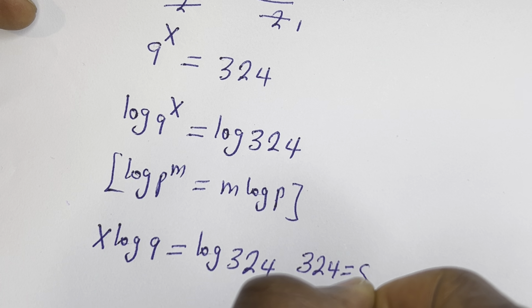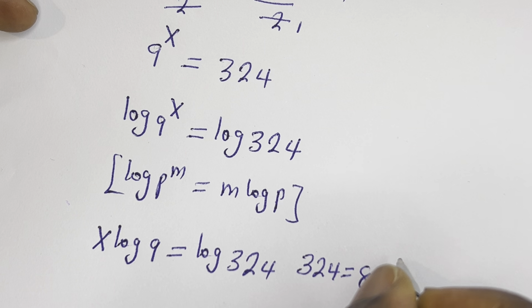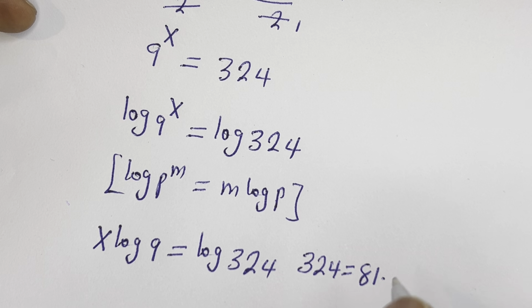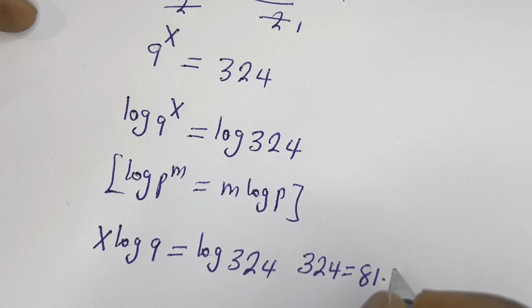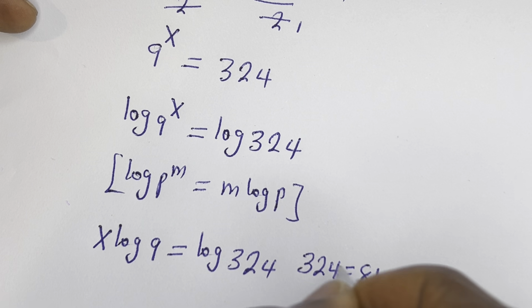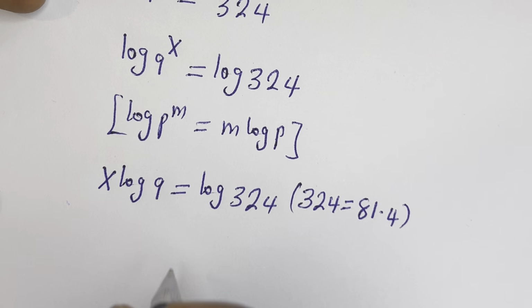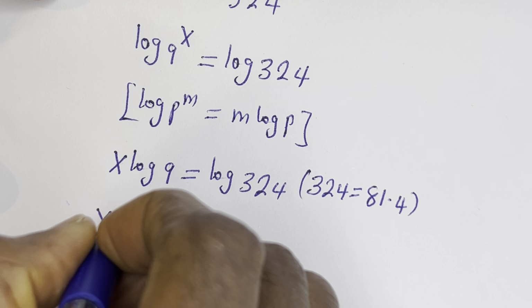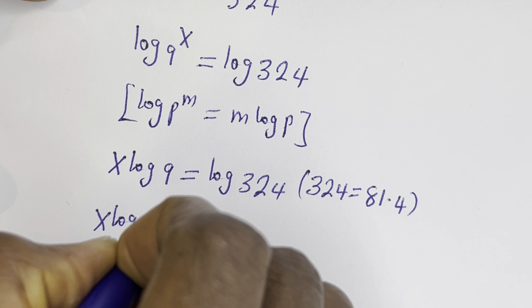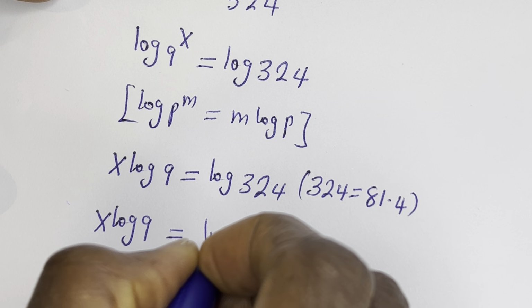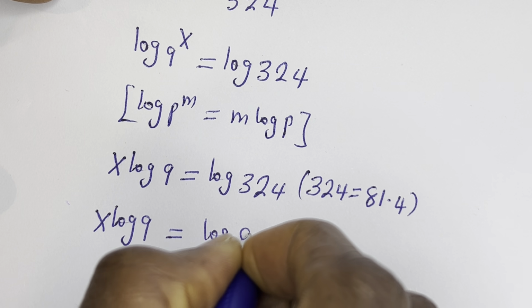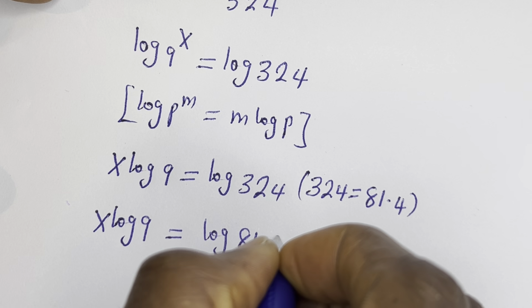Now 324 is equal to 81 multiplied by 4. Then this can be written as x log 9 is equal to log 81 multiplied by 4.